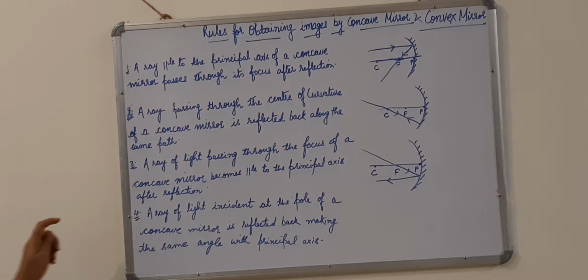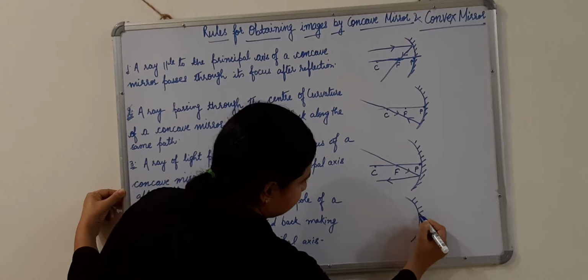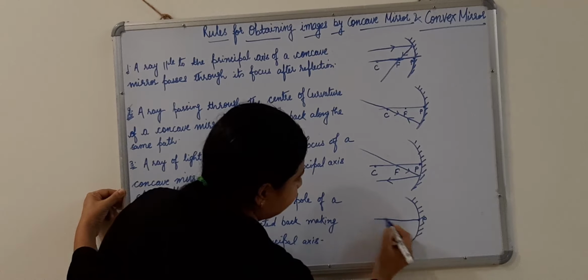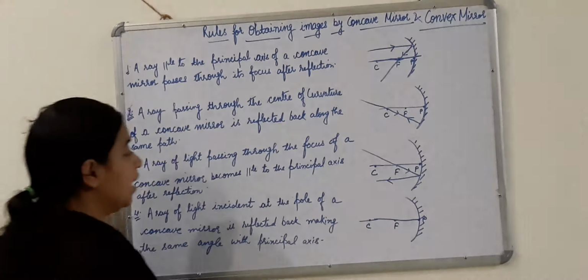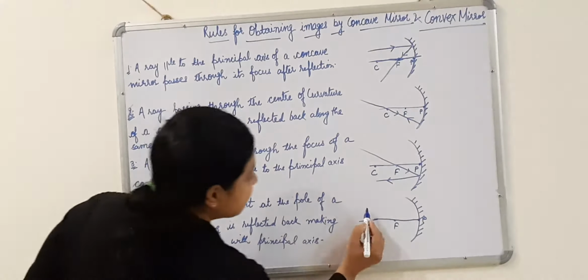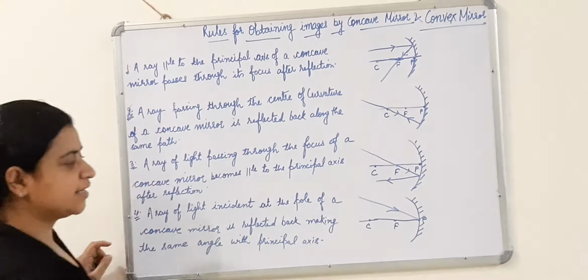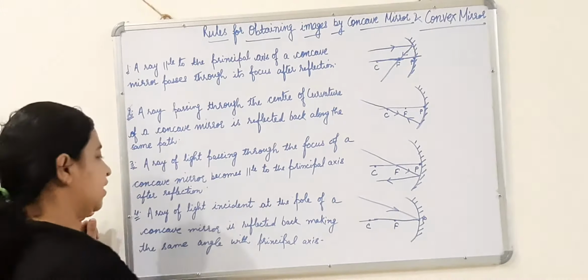Fourth rule says, any ray of light: this is pole, this is our focus, this is our center of curvature. Any ray of light incident at the pole, suppose it is directly incident at the pole, is reflected back making the same angle with the principal axis.